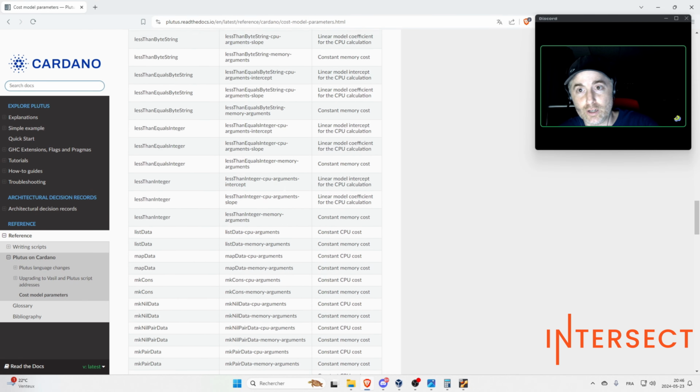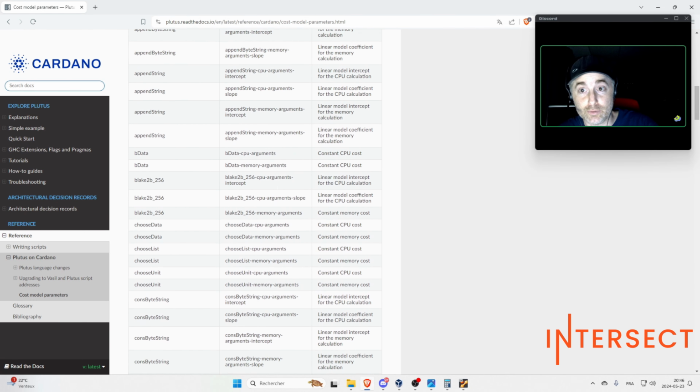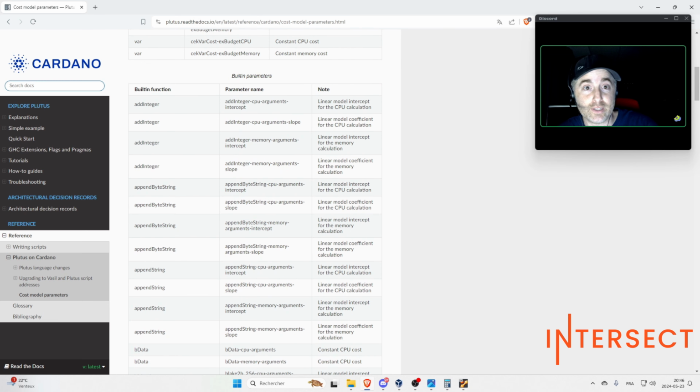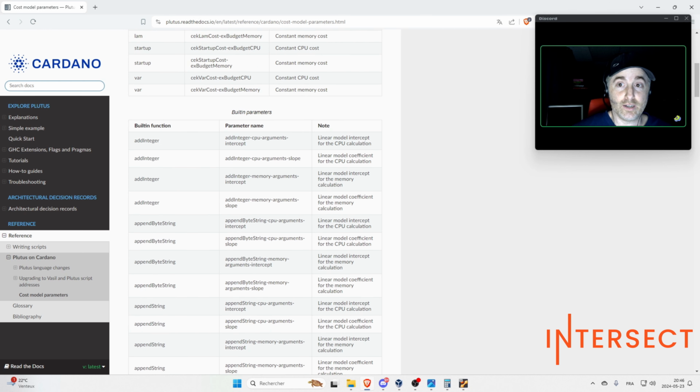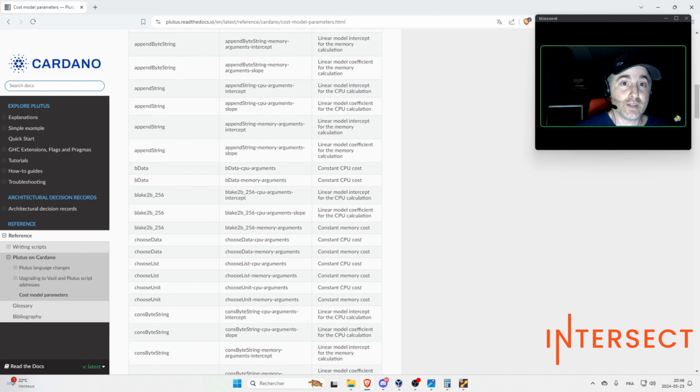I asked Carlos, and I'm gonna ask Kevin Amount as well, if there's a way for me to get more explanations than just the small definition of each one of them. Linear model, intercept for CPU calculation, coefficient for CPU calculation, linear model, intercept for the memory calculation. Does that ring a bell?